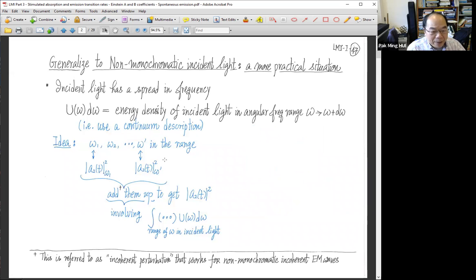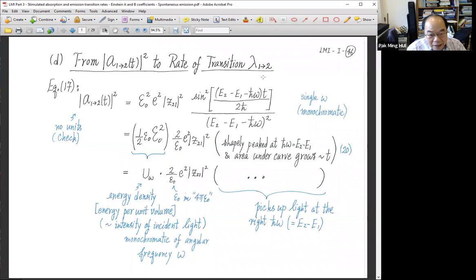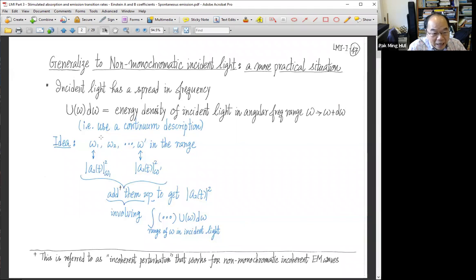So with this idea behind, think about the following situation. If I pick a frequency omega 1 that is within the range, I do the quantum mechanics for this particular omega 1, I would have gotten an A2 referring to that omega 1. What I'm saying is that for omega 1, I get one formula. Then I have an omega 2, I get another formula. I have an omega prime, I get another formula, and so on.